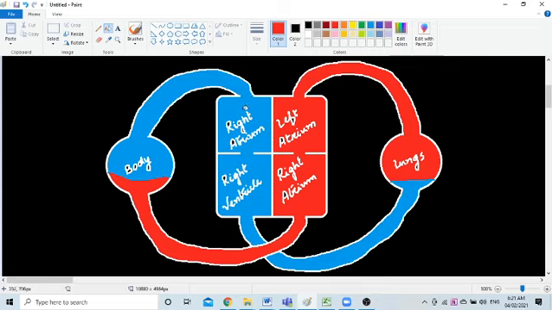Now the circulation taking place over this side is known as systemic circulation, and the circulation going on over here is known as pulmonary circulation.